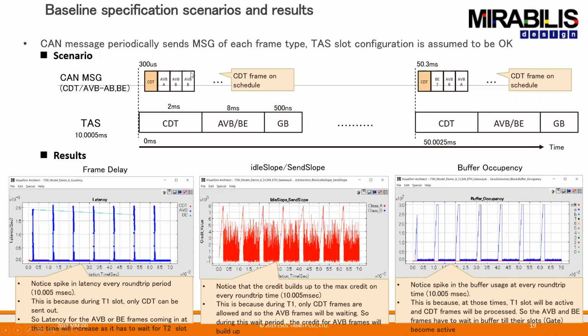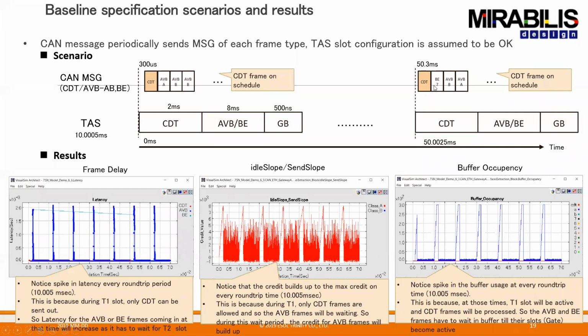This is a scenario with 300 microseconds versus this one here, which starts at 50 milliseconds. This is in terms of the scheduling.